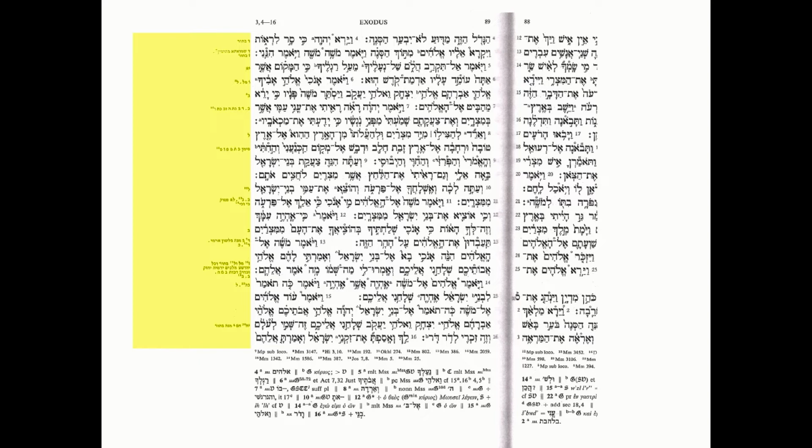I'll do a daily data probably next week, and I'll talk about a very important Qere and Ketiv, which is the Tetragrammaton, the word Adonai, Yahweh, that shows up in the text.